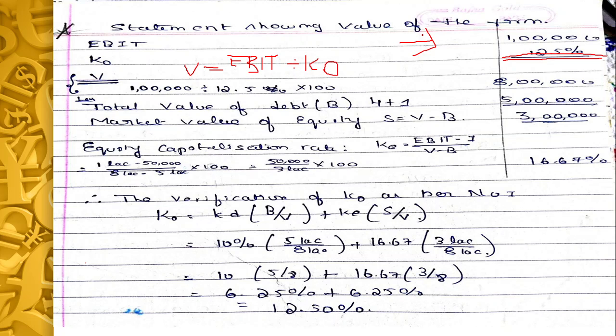Now you can use different methods. If you directly divide it by 12.5, you will have to multiply it by 100. If you are taking 0.125, there is no such necessity. So at what rate does the value of the firm stand? Is it correct?